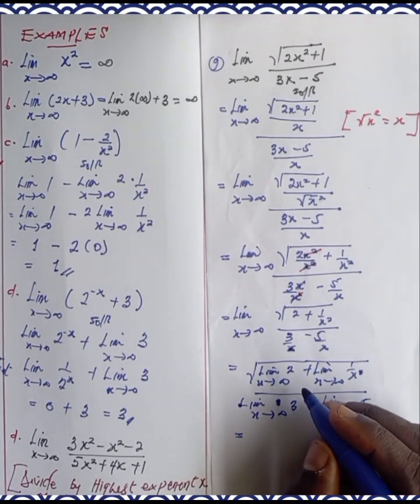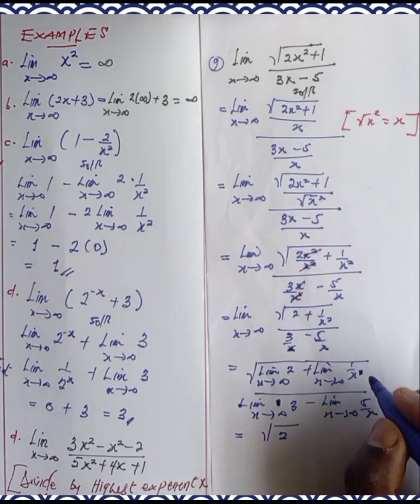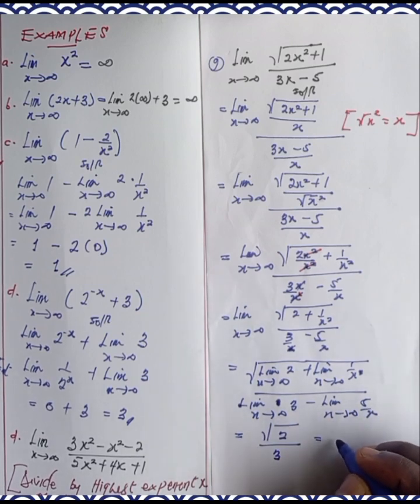Now the limit of a constant is still a constant. We are getting root of 2, and this will give us 0. The limit of a constant is still a constant, and this will give us 0. So at the end, we are getting root of 2 out of 3 as our final answer.